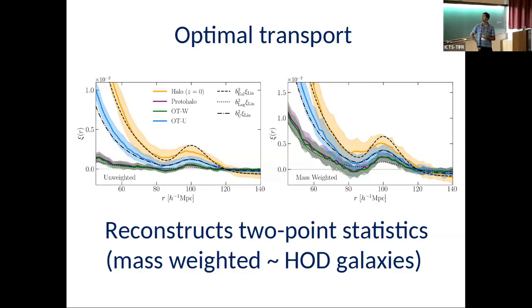This is a crude way of modeling galaxies: the number of galaxies is roughly proportional to halo mass, above some minimum. It shows you that it doesn't really matter. The purple and the green are in good agreement here, and they're in good agreement here. So you can have an HOD and this will still work. Although I've been talking about halos, galaxies are weighted halos, and it all works.